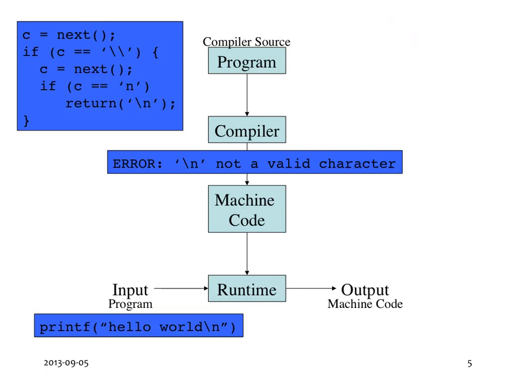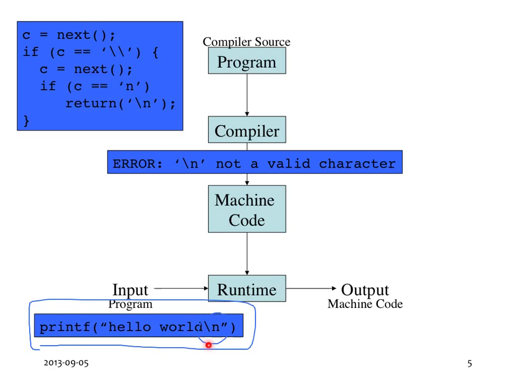Now let's look at this compiler source a bit more carefully and see what it has to do. This is an input program fragment that says printf hello world, and I want you to focus just on this part over here.